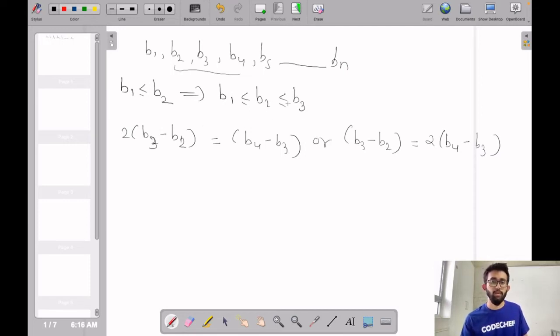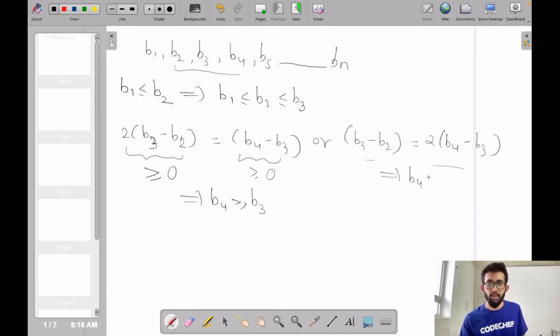As B3 is greater than or equal to B2, this term is greater than or equal to 0, it is non-negative. Hence this term is also non-negative, which implies B4 is greater than or equal to B3. And if we apply similar reasoning for this, we get the same thing.